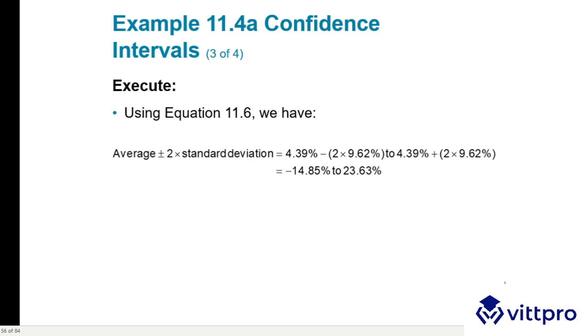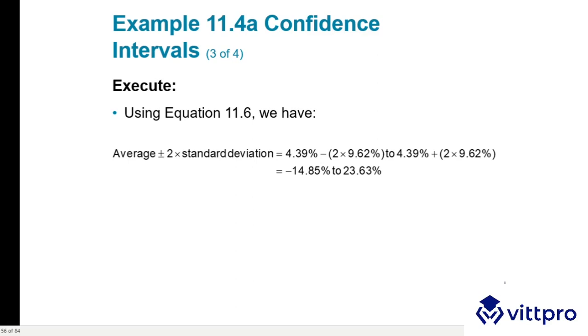We know that 95% confidence is mean plus minus 2 standard deviations. Our return will range between 4.39% minus 2 into 9.62% to 4.39% plus 2 into 9.62%. So with a 95% confidence we can say that the returns will fall between minus 14.85% to 23%.